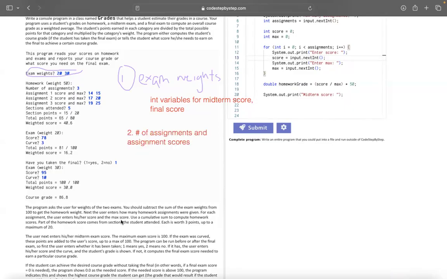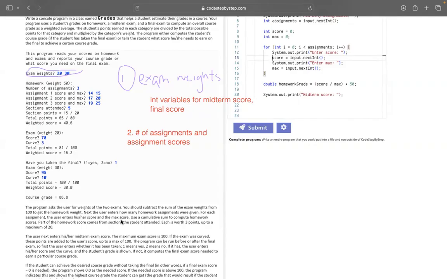You skipped the first part with the exam weights because if you look at your code, you went straight into asking how many assignments they have. So make sure you go back and add the first one where you ask for the exam weights and then take in two numbers. It's the same thing you did where you say input.nextInt, but you would do that twice because you're taking in two numbers, right?